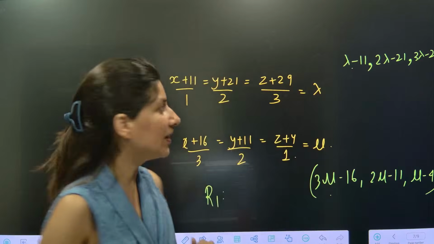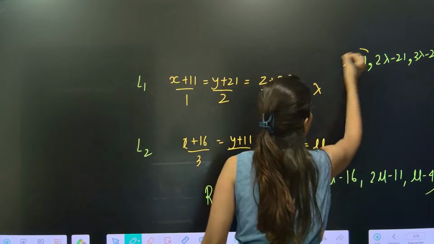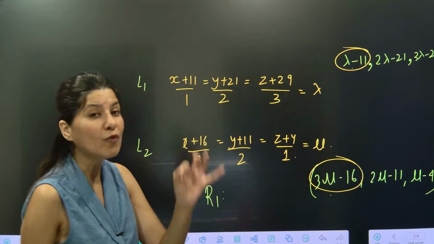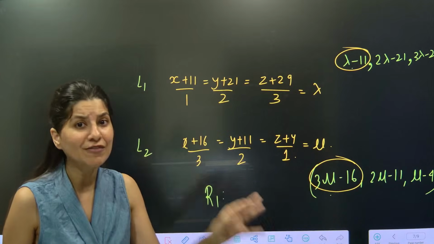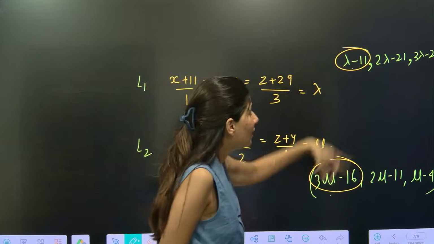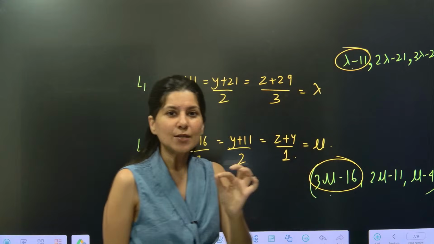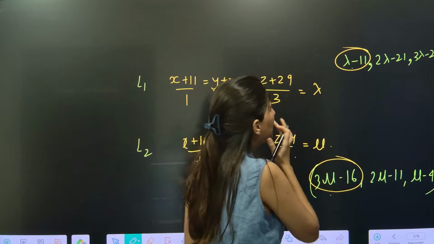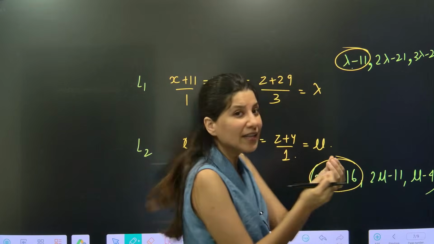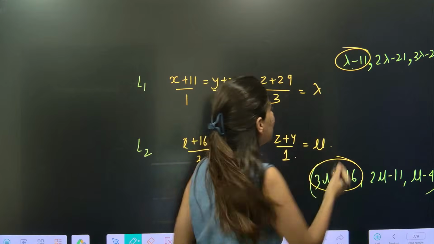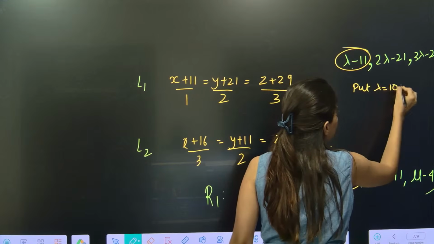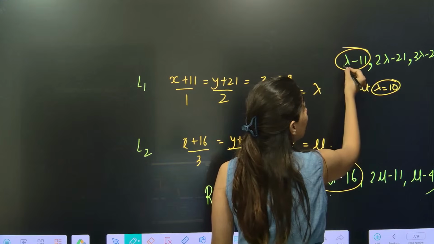On what simple values of lambda and mu can these two become equal? So, let's put lambda equals 10 or 11. Putting lambda equals 10 will give you what?